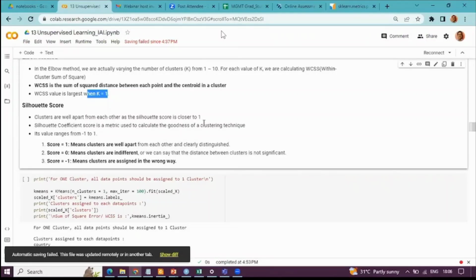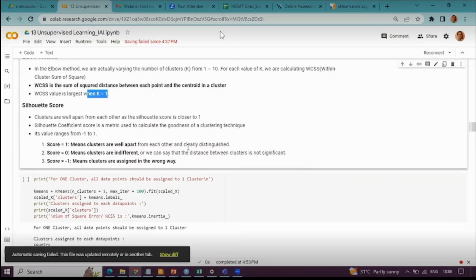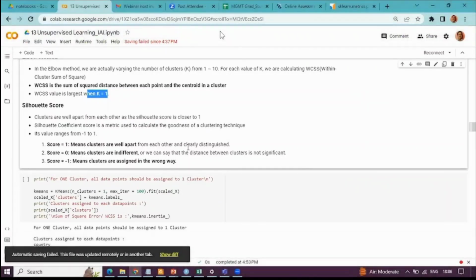I said A minus B divided by the maximum of A comma B. The highest possible value arises when the within the sum of squares should be 0.